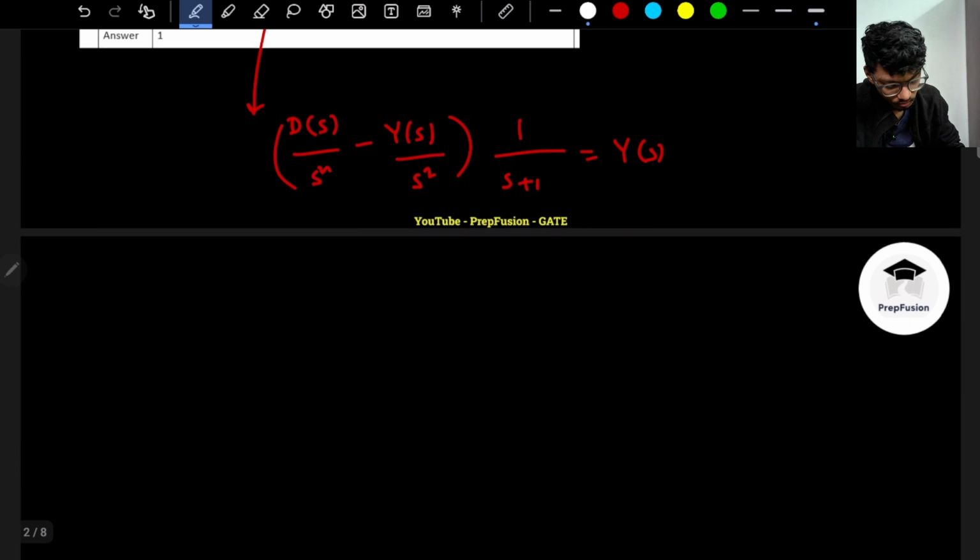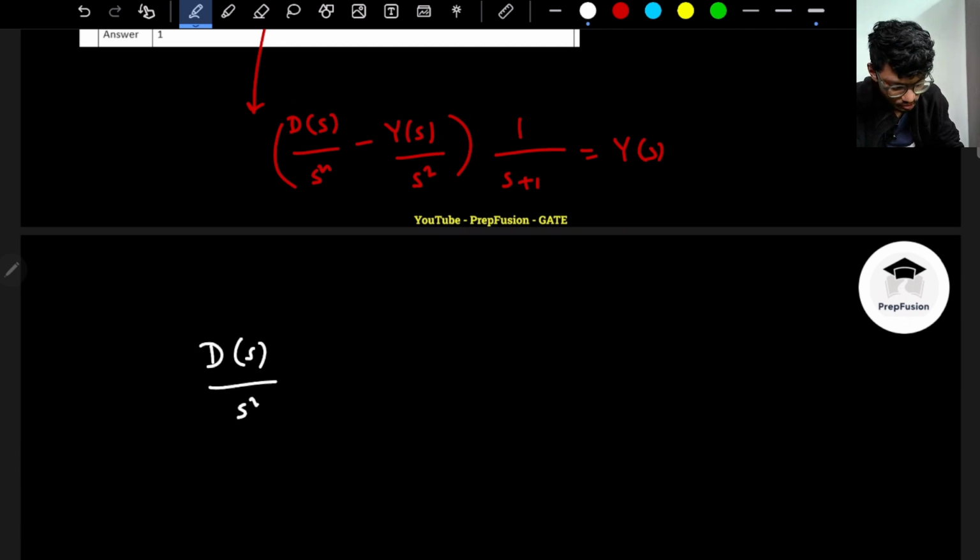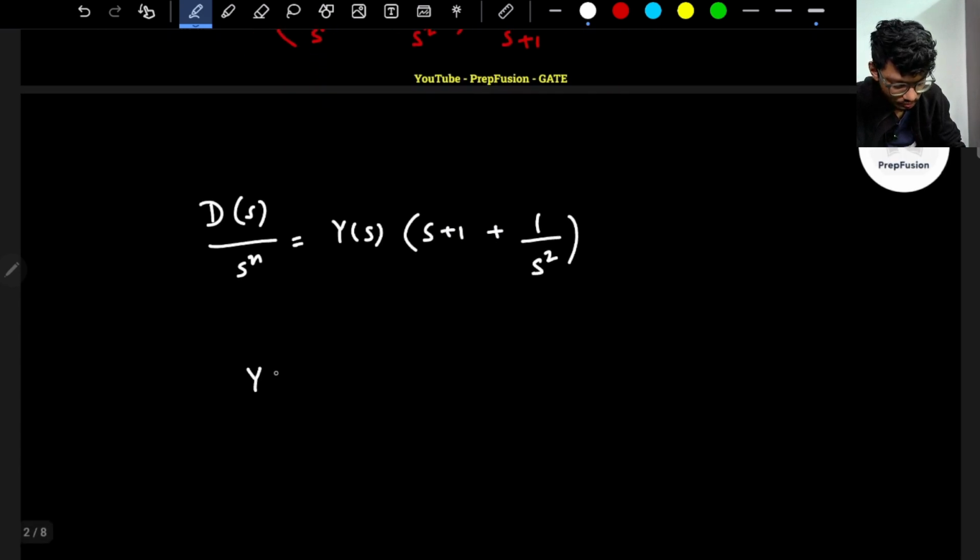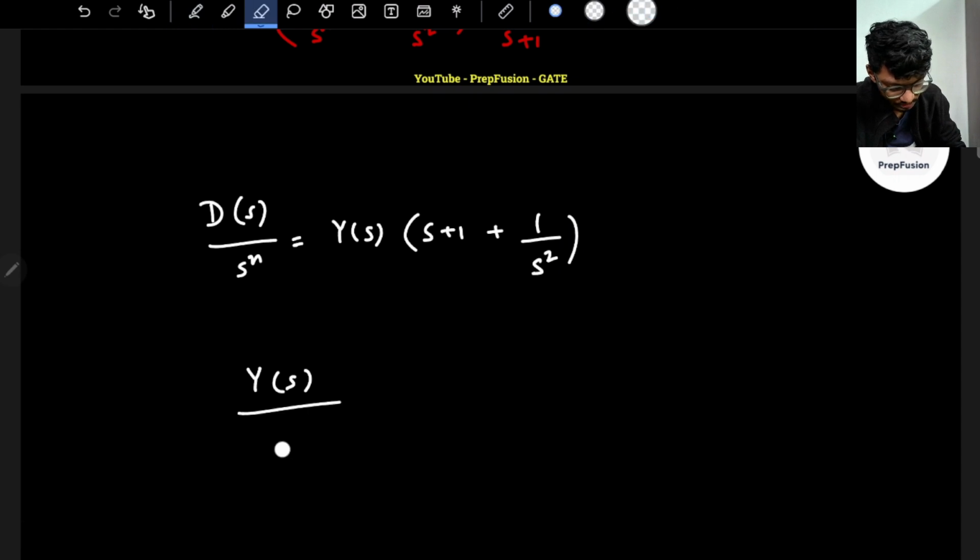Okay, so what value do I get? This will be d of s divided by s raised to power n equals y of s times (s plus 1 plus 1 by s square). So this will be y of s divided by d of s, or d of s can be here itself, no problems.